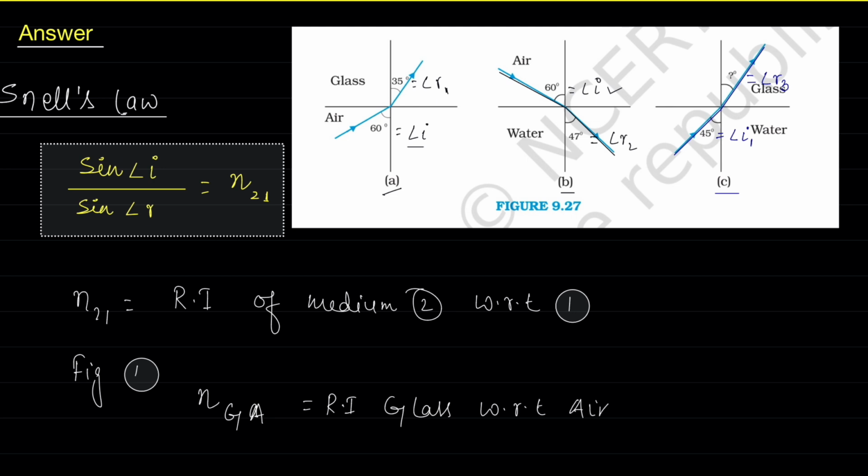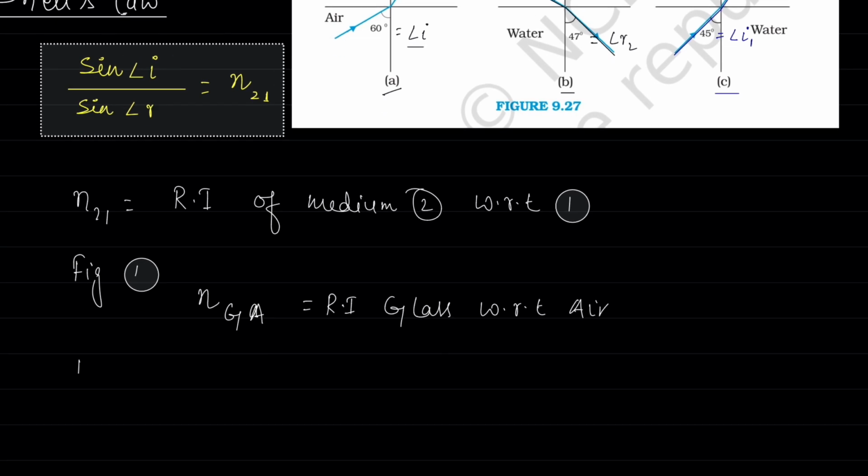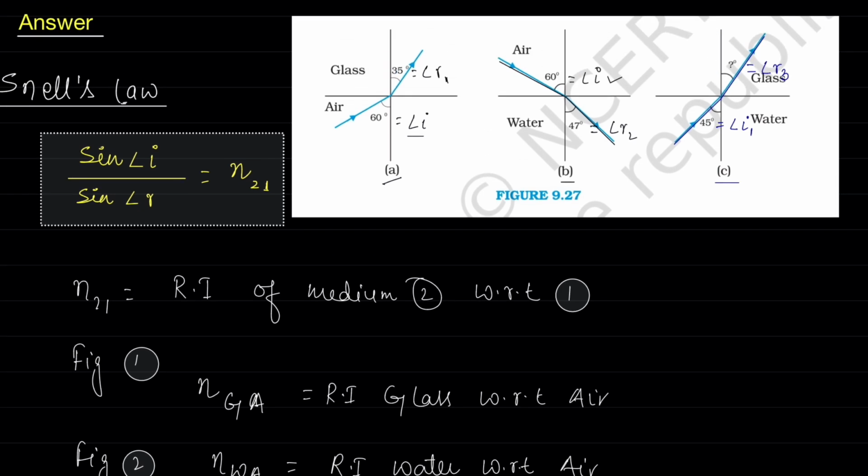Similarly, with respect to the second figure, we can write NWA, the refractive index of water with respect to air. Similarly, for the third figure, we have glass and water.